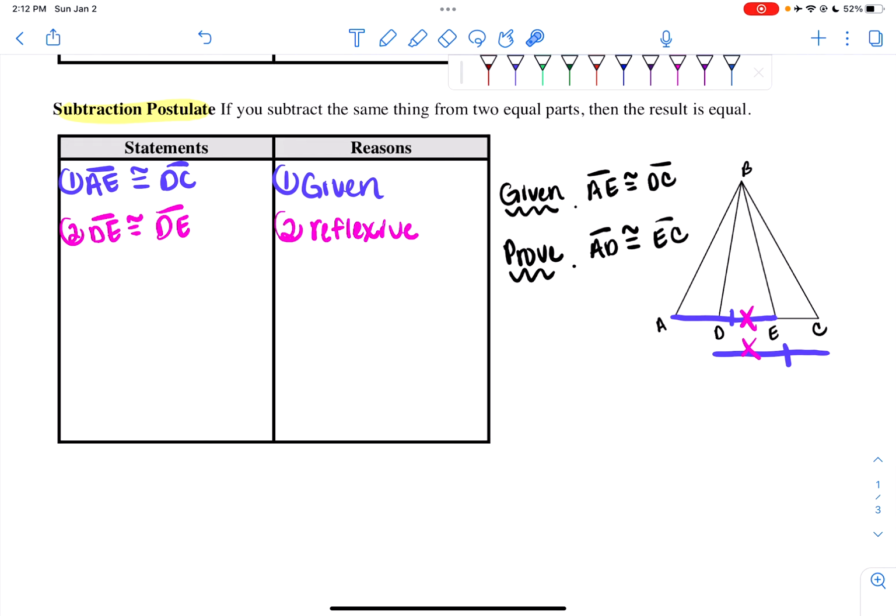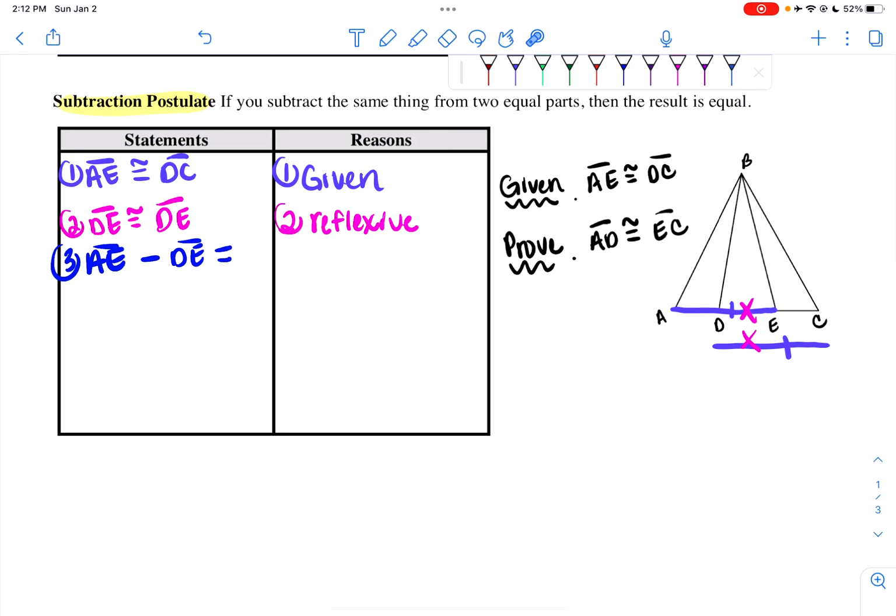So how I can do this is relatively straightforward. I can say my whole segment of AE minus DE is equal to DC minus DE.